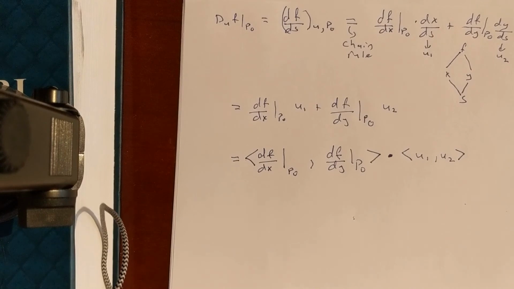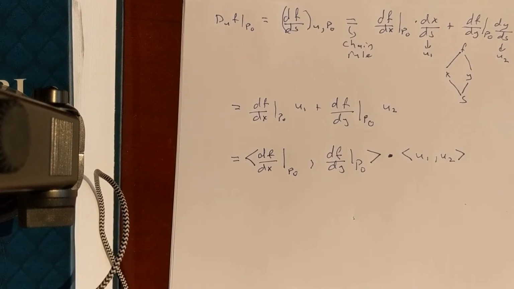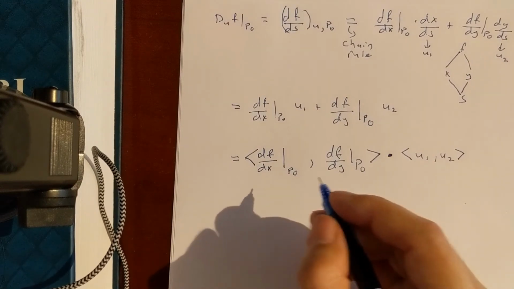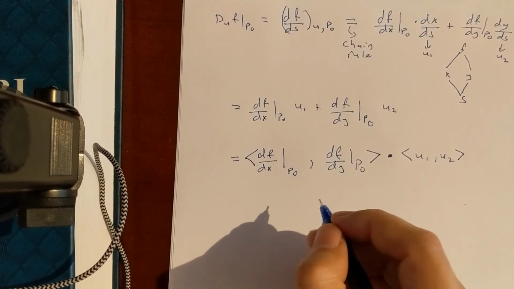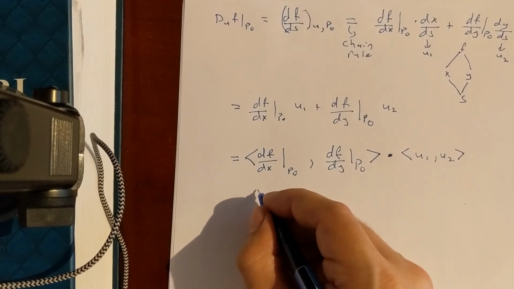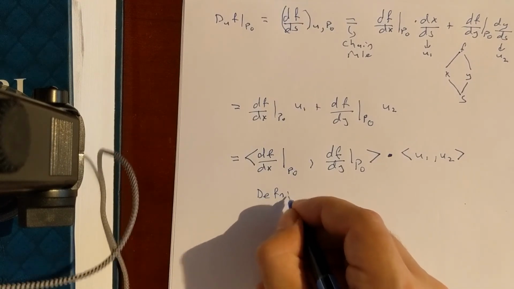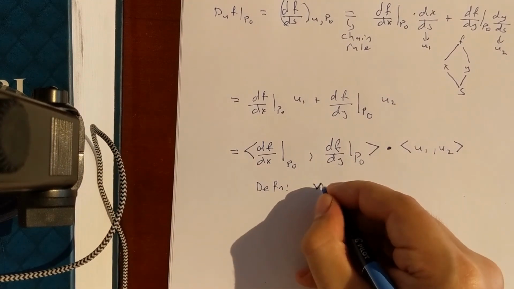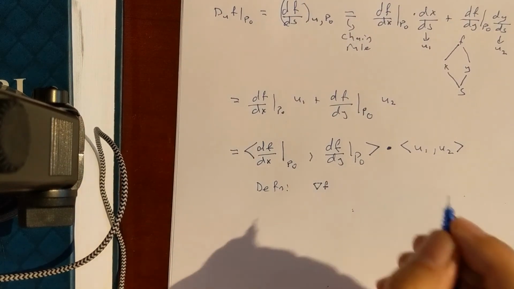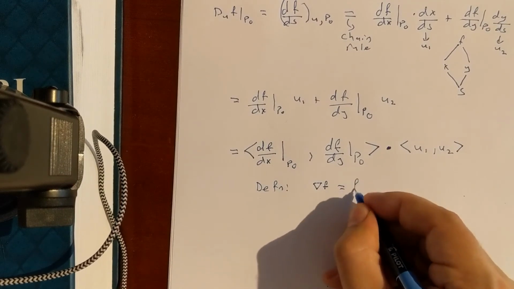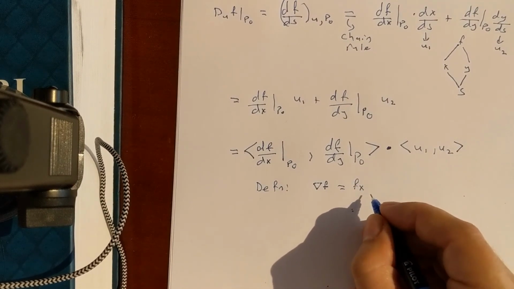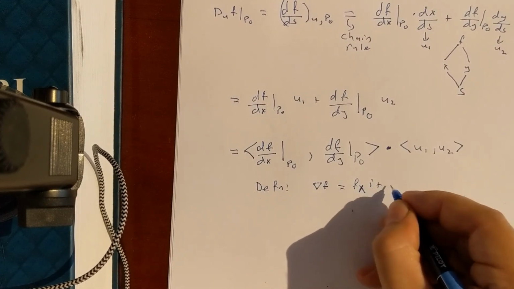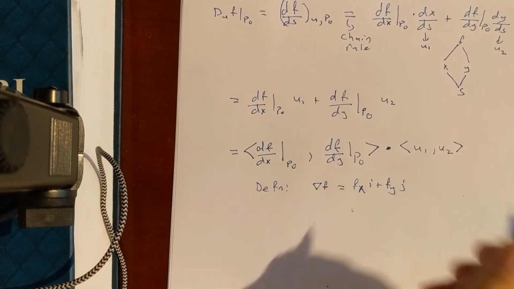So, all right, this is nice. We're going to give this guy a name, so we're going to define the gradient of f, del f, equal to f sub x i plus f sub y j.